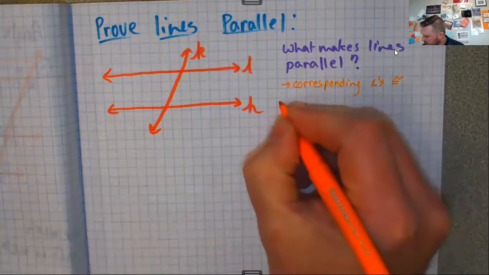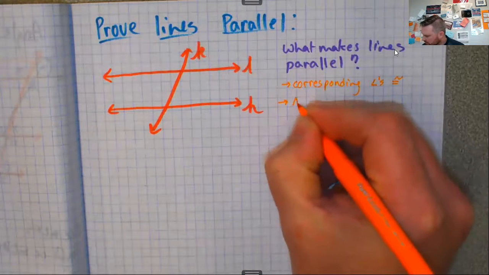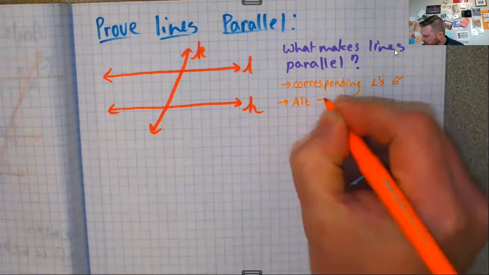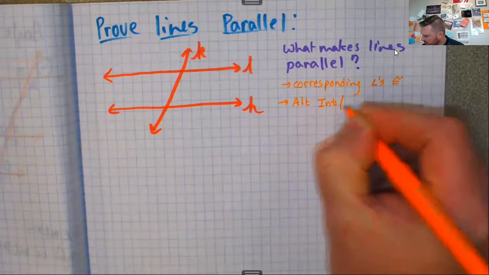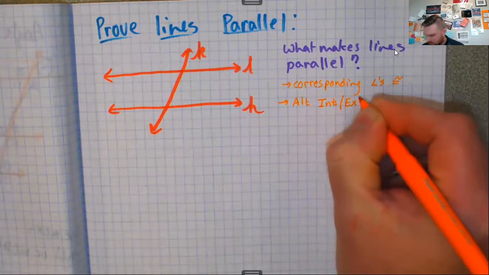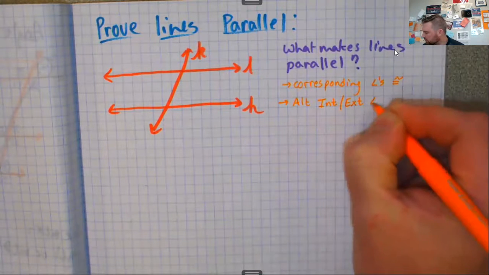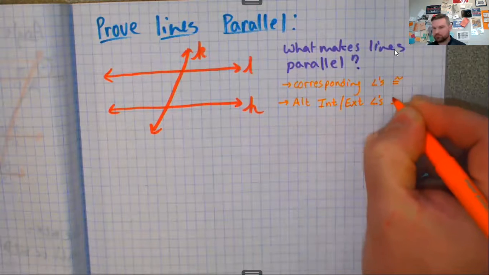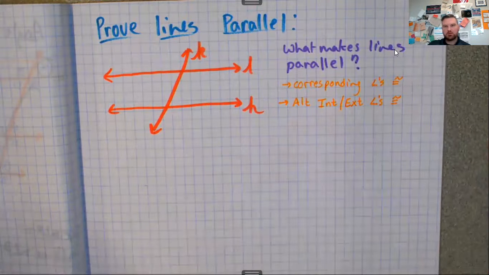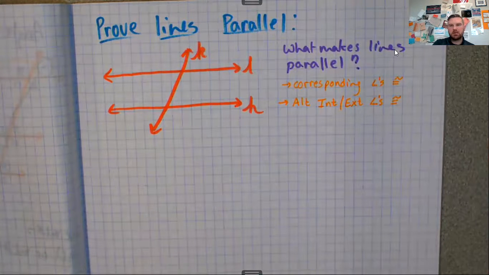The second thing would be if your alternate interior or exterior angles are congruent. So corresponding angles are the same, alternate interior, alternate exterior. If those angles are the same, then they're parallel.